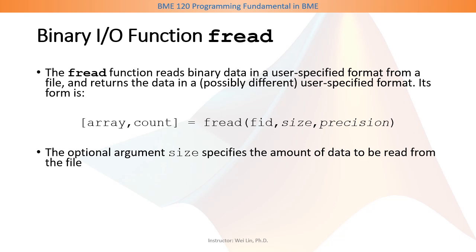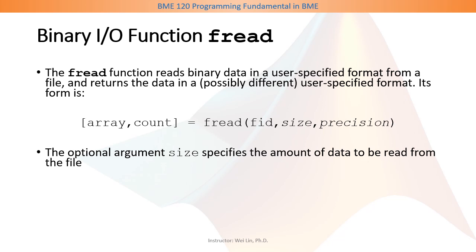And the third input is called precision, and this is very important. It will affect how you interpret the data read from the file. If you specify the wrong precision, the data will be corrupted. So before you do the fread, you must know the data format on the file, in other words, how the data is organized on the file.